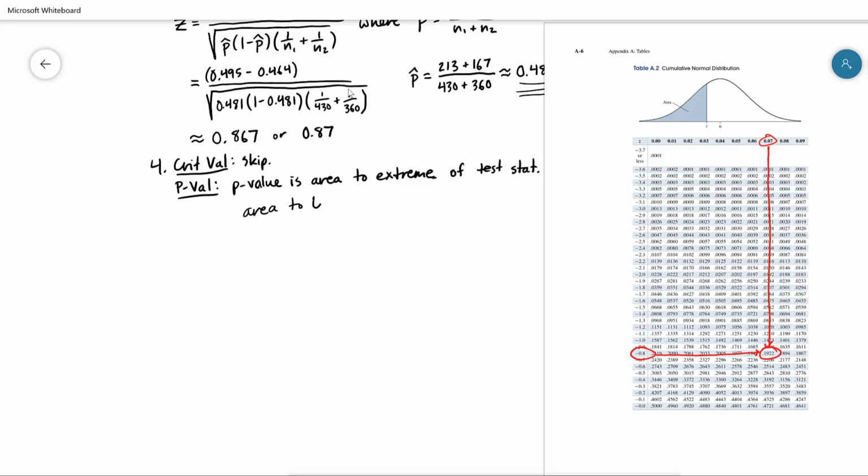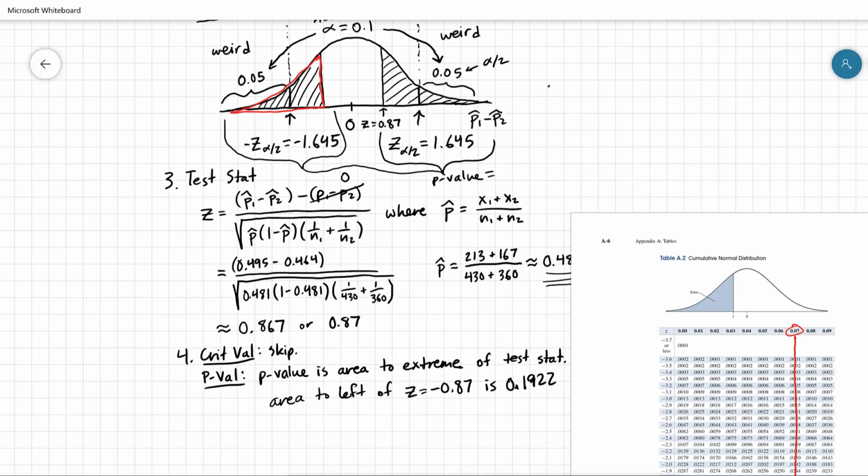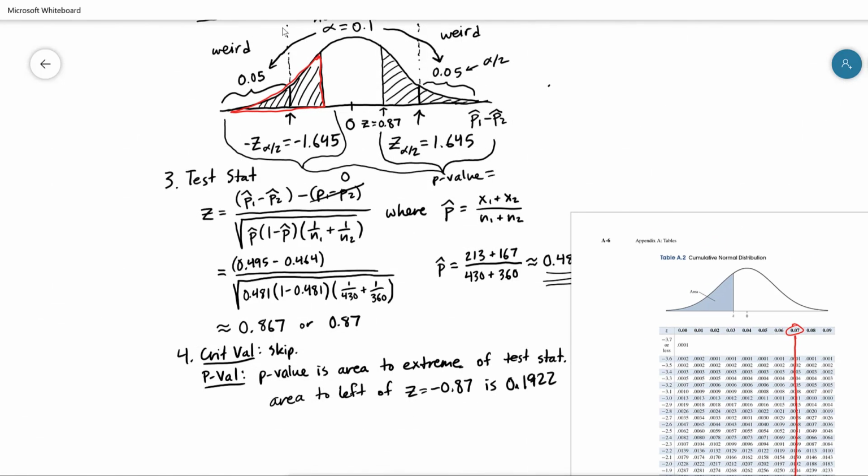So in this case, the area to the left of z equals negative 0.87 is 0.1922. But that's only the shaded region that I drew up here in red. So that's only this one.